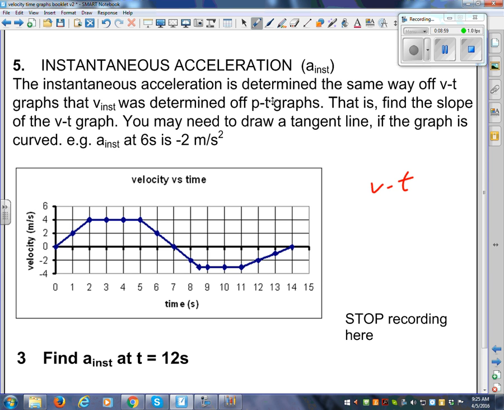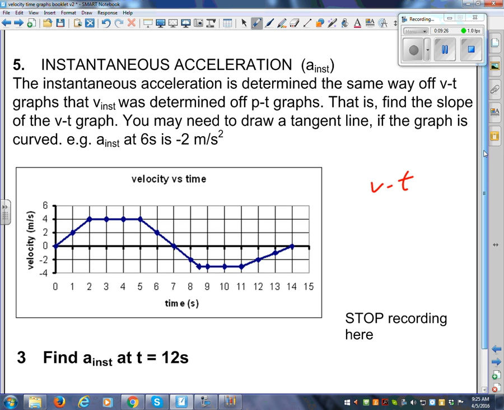Instantaneous acceleration is determined the same way off a VT graph that v_inst was determined off position time graphs. That is, find the slope of the VT graph. You may need to draw a tangent line if the graph is curved. If it's not curved, what do you do? Just find the regular slope, right? If it is curved, you have to draw a tangent line. Instantaneous slope, the slope at a single point.